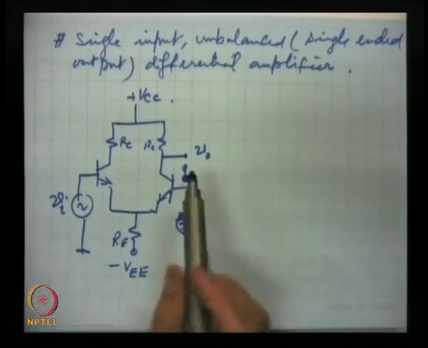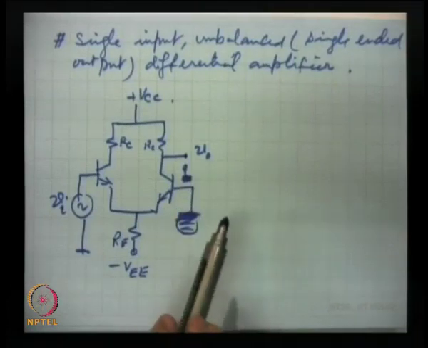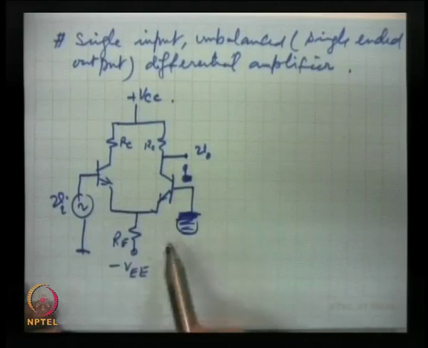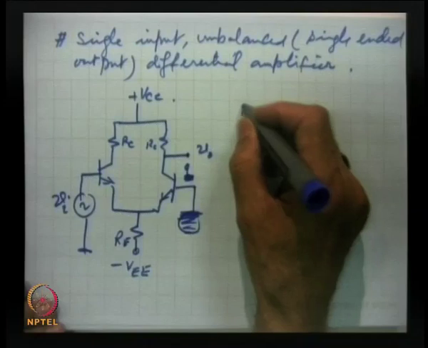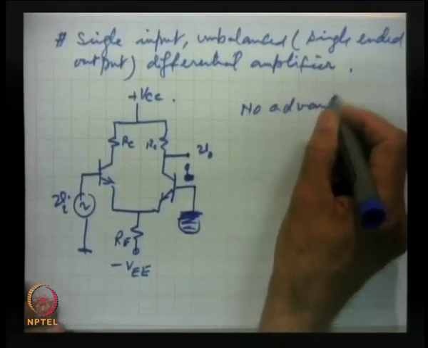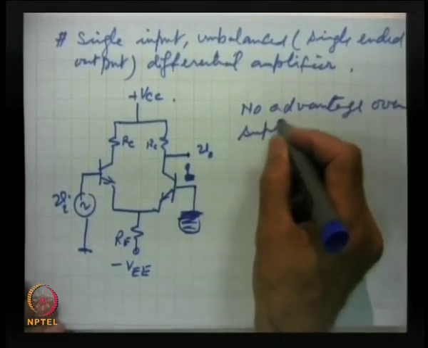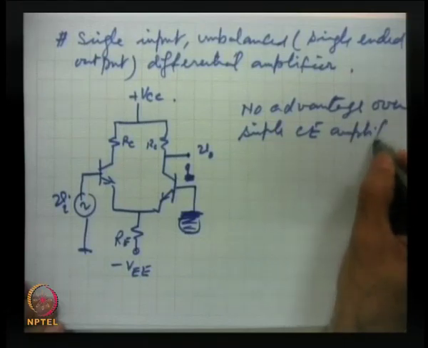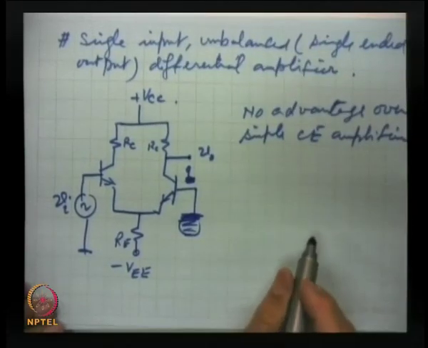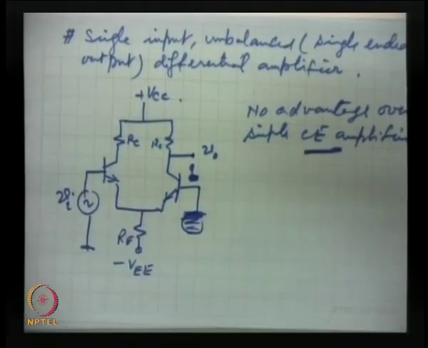So, here the gain will be half of the first case, and an important feature is that this does not offer any advantage over a simple CE amplifier. But the disadvantage is that this makes use of a large number of components as compared to a simple CE amplifier.